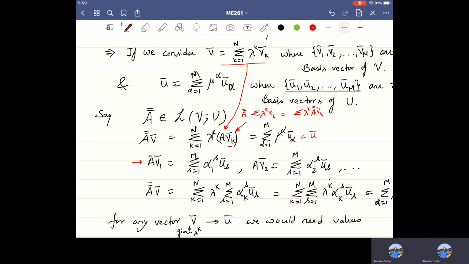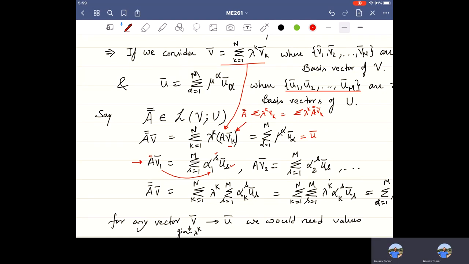We can write this as alpha 1s, denoting this mapping, with s running over the basis of U vectors, times Us.